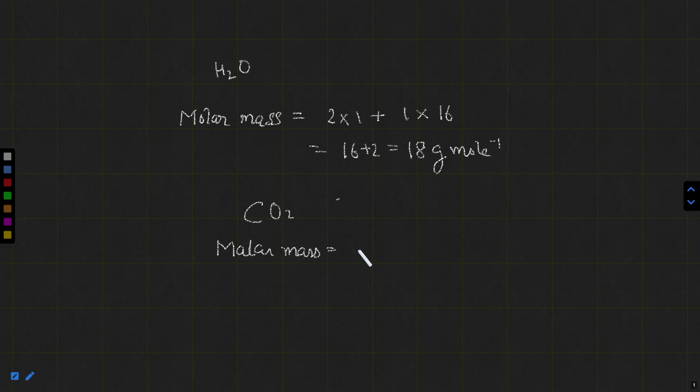So how will we do it? One carbon, so 12 into 1 plus 16 into 2. So 12 plus 32 would give us 44 gram per mole.